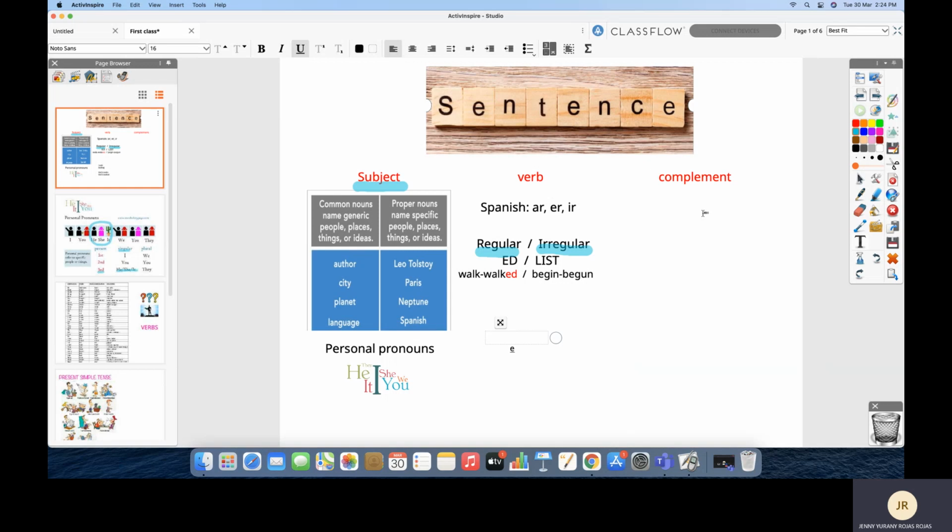Subject, verb plus complement. What is complement? What does complement mean? Well, in the complement part, or in the last part of the sentence, you can write like the rest of information, and it can be optional.